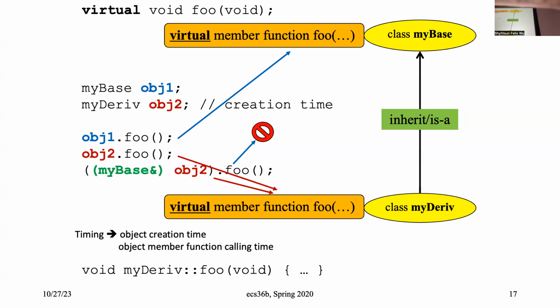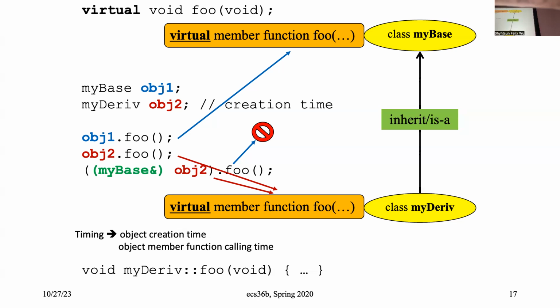But to decide which version of a virtual function to call, you really need to know the type when the object was created. So let me repeat the last sentence. The virtual function is determined by the class or object type at the time it was created.